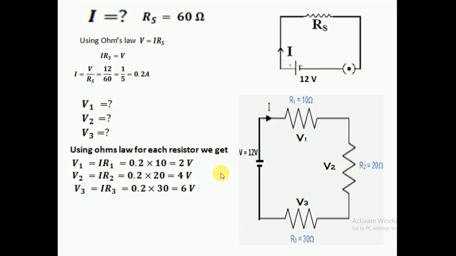We already know the current, 0.2 ampere, into 20, that is 4 volt. And V3 is I R3, that is 0.2 into 30, so 6 volt. And if you add them, 4, 6, 10 and 2, 12, you will get 12 volt, that is the total potential. So your answer is right.